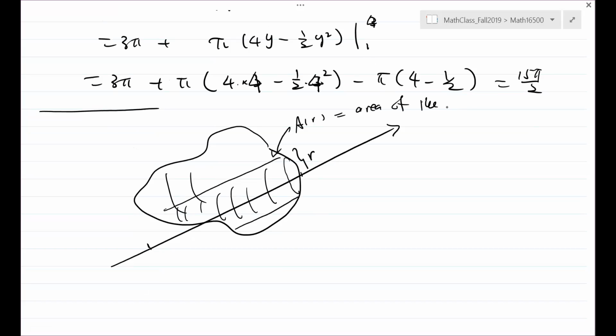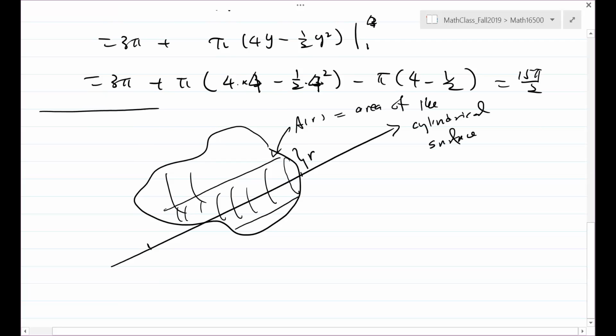Right now, you fix the straight line and look at the cylinder around it with radius r, and the portion inside this solid has an area of the cylindrical surface, which is the cross section.